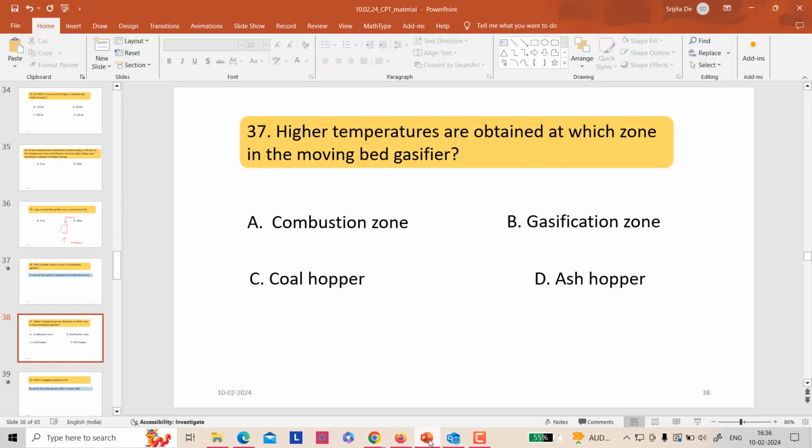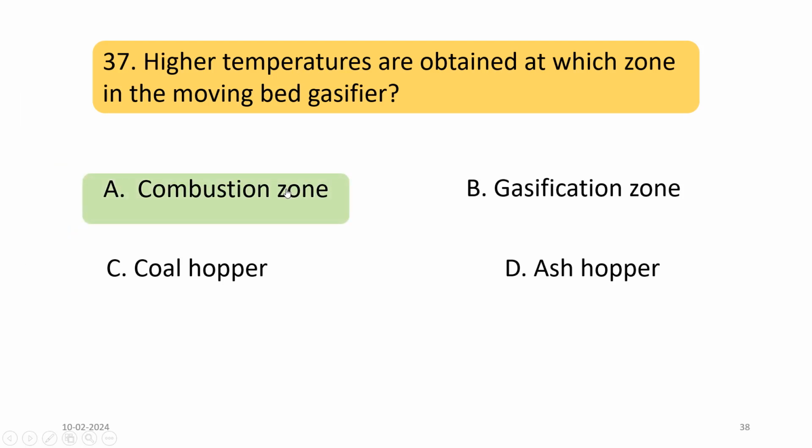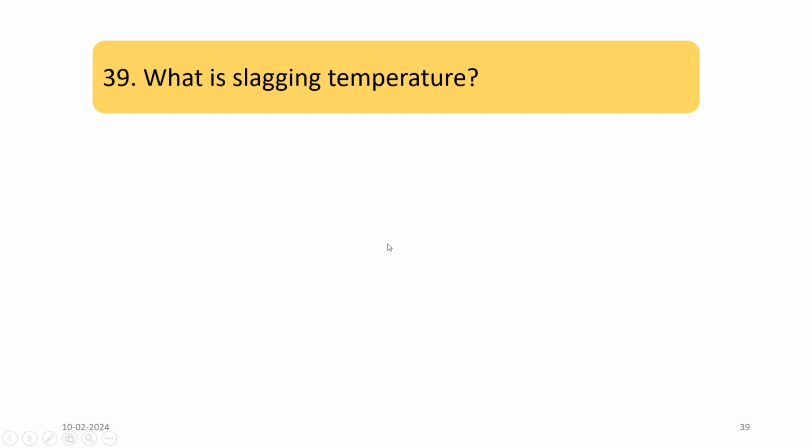Combustion zone, it is obvious because in the combustion zone exothermic reactions happen. So here temperature is higher. What is the slagging temperature? What is the definition of slagging temperature?